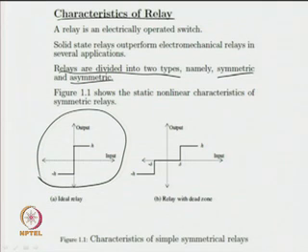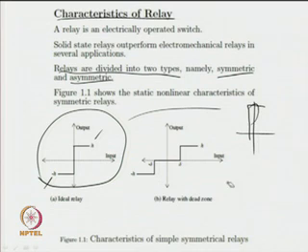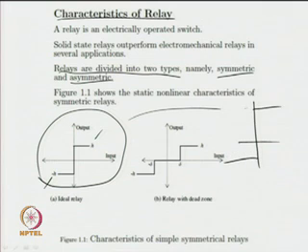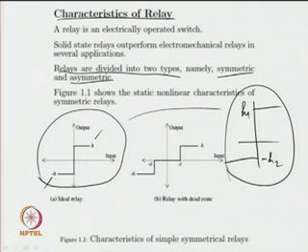When the relay settings are equal, when we have a positive plus H and minus H setting, then the relay is symmetric and ideal. Now, what do we mean by asymmetric relay? When the relay heights are different, like H1 and minus H2, then we get an asymmetric relay.